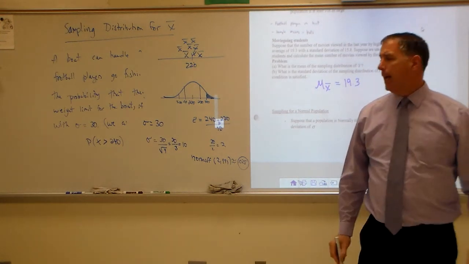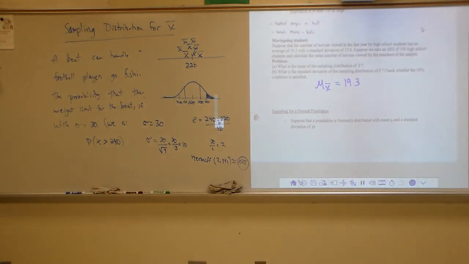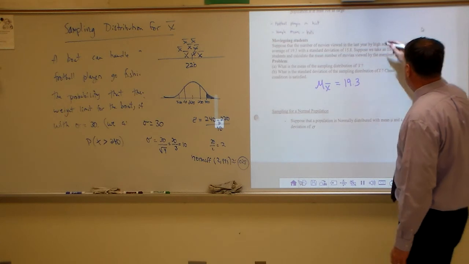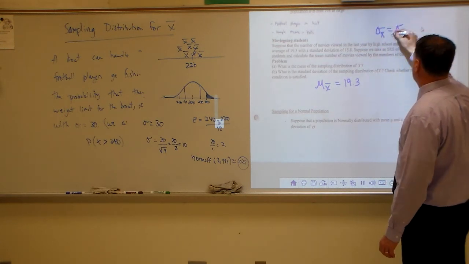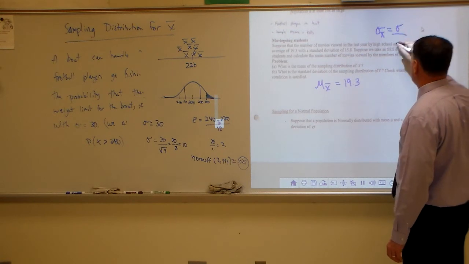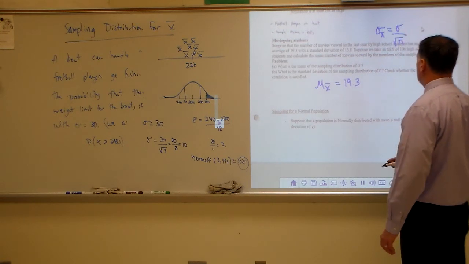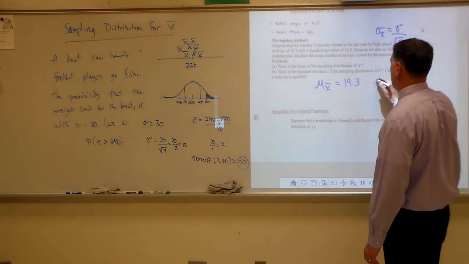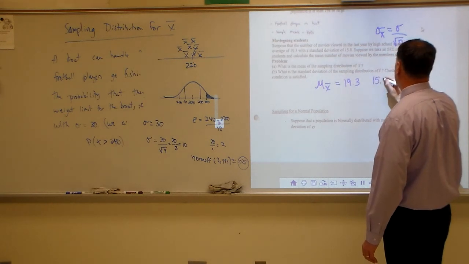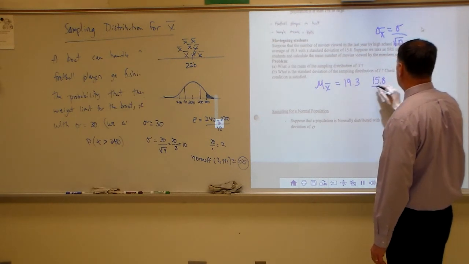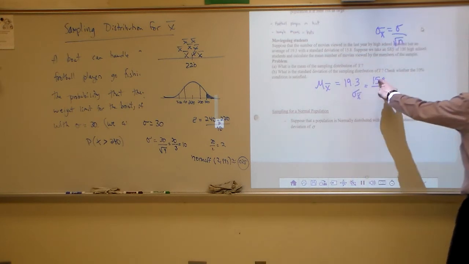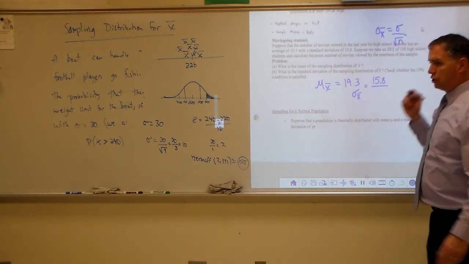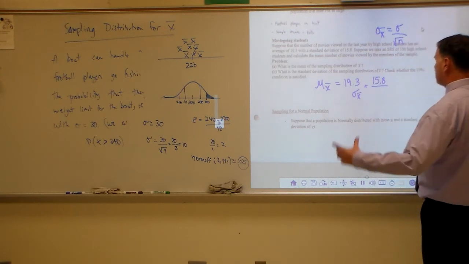Okay? And then we have to find the standard deviation. The standard deviation of x bar is equal to the population standard deviation divided by the square root of n. So in this case, we take 15.8, this is my sigma for x bar, divided by the square root of the sample size.